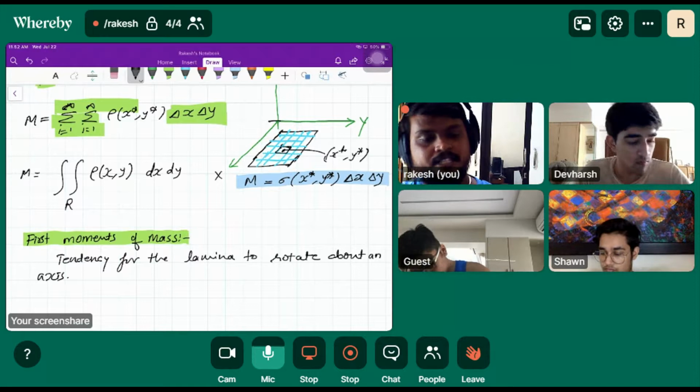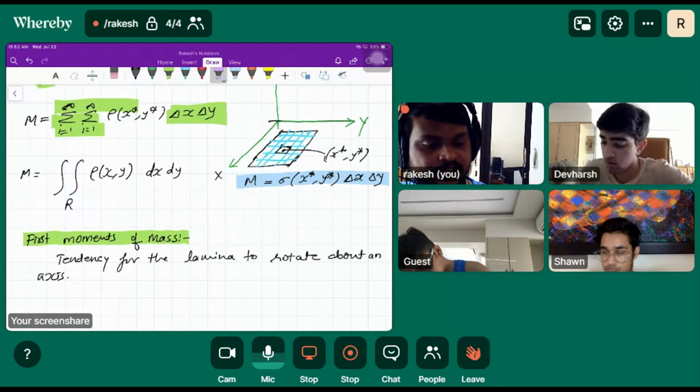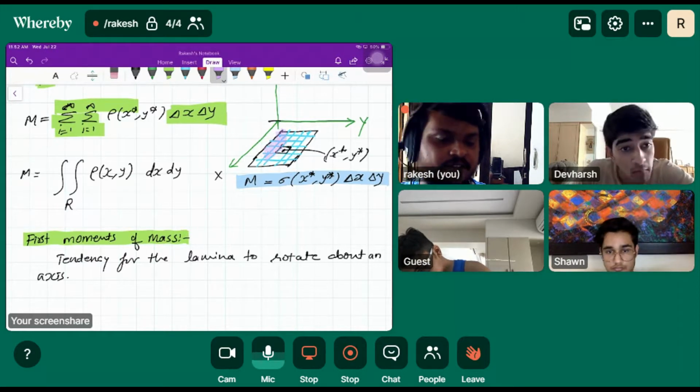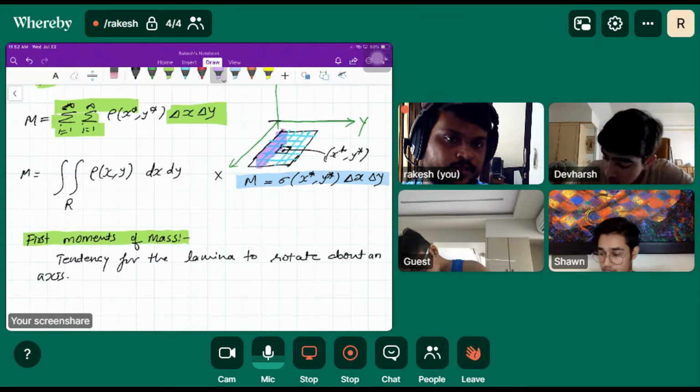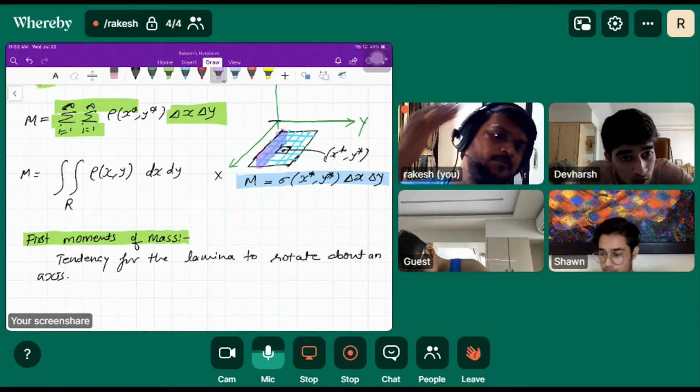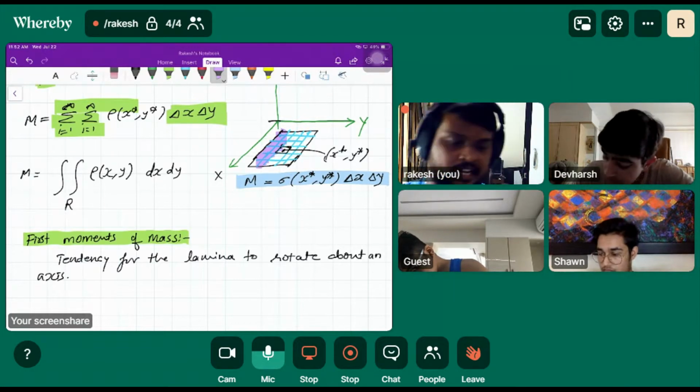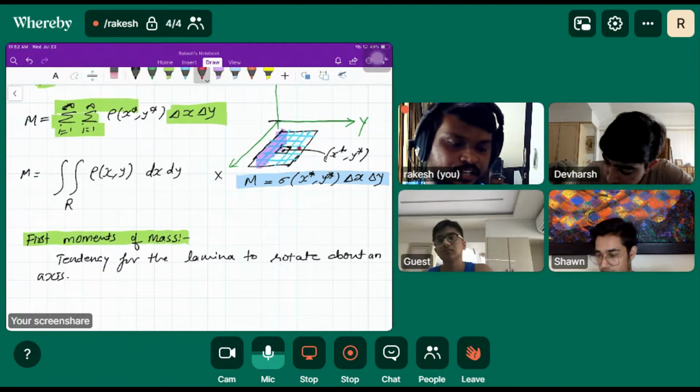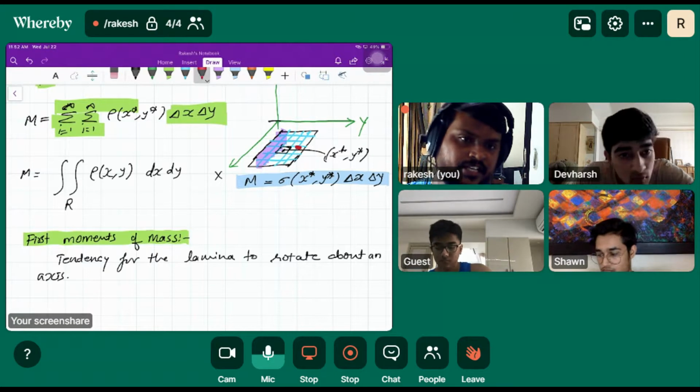So if suppose mass is concentrated near the x-axis, we need to apply more force at the outer point to rotate this. Are you getting that?